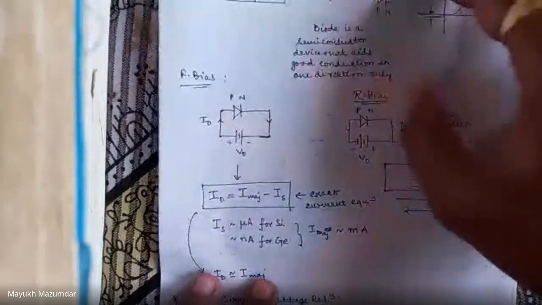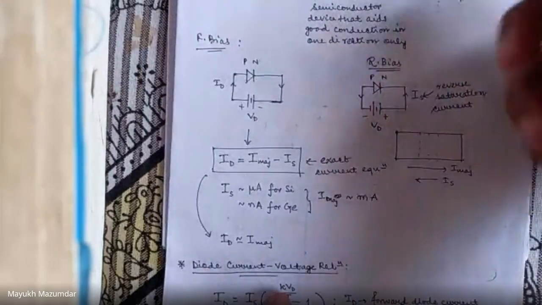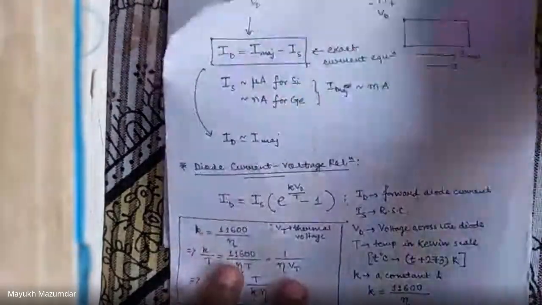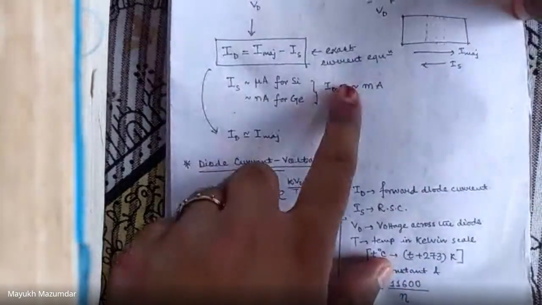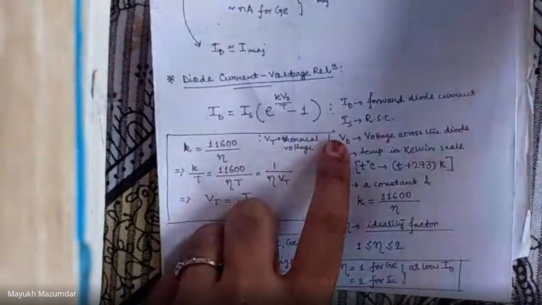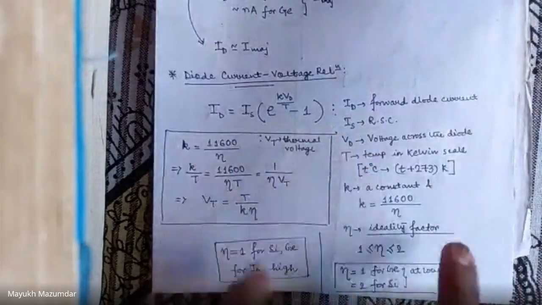We went on to give a very basic definition of what a diode does. Then we saw the case when the diode is in forward bias and reverse bias. We got this equation. We took this equation for granted. We didn't deduce it. That's not in the syllabus, I would say beyond our scope right now.